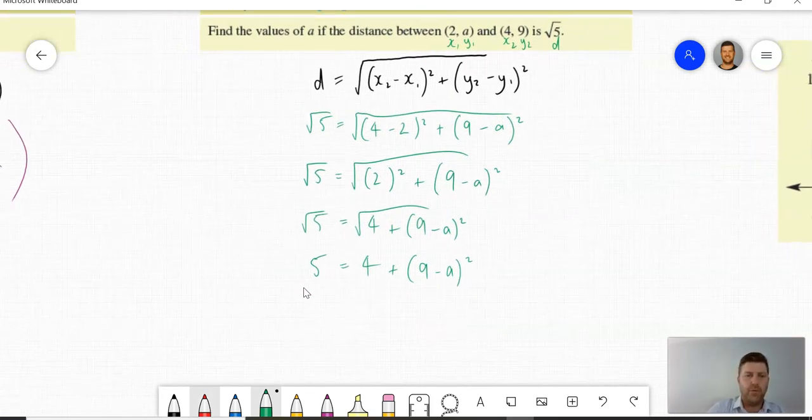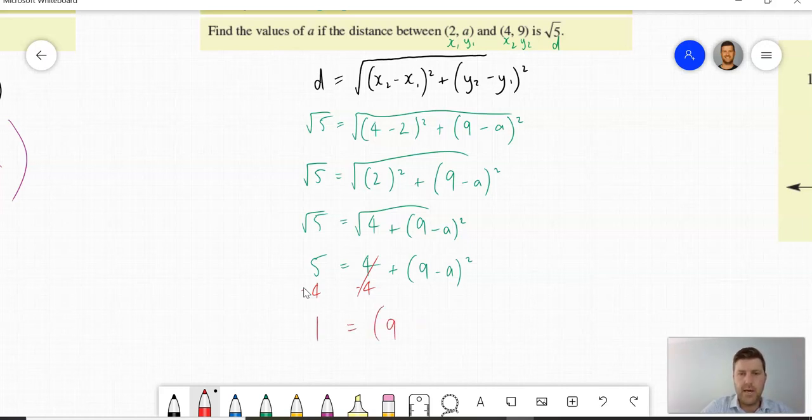I'm going to get rid of the 4 from the right-hand side of this equation. So take 4 from the right-hand side, which means I need to take 4 from the left-hand side. That leaves me with 5 take 4 equals 1, and that's equal to 9 take a all squared. Sorry, I changed the red pen. Alright, at this point, I need to explain a little bit.